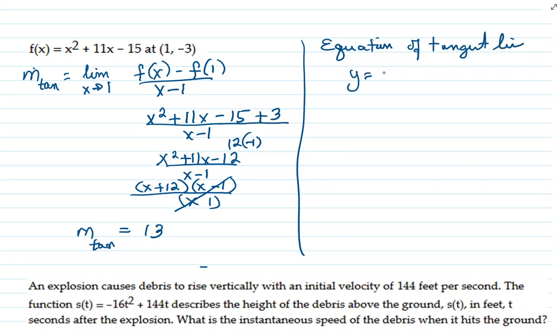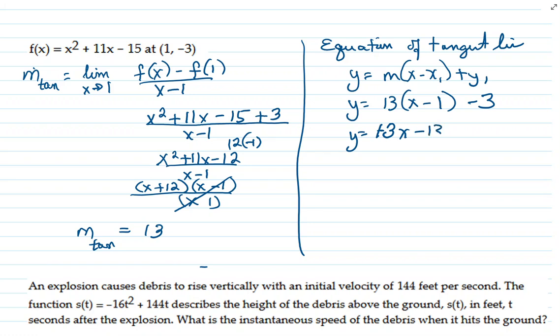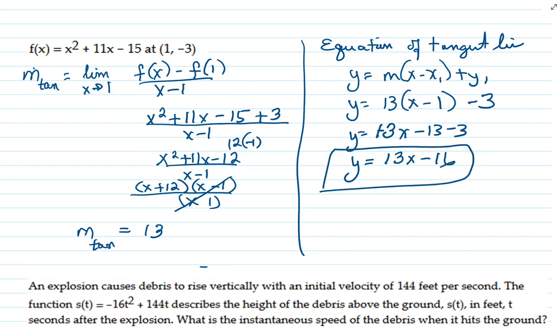I have y equals, in parenthesis, x minus x of 1 plus y of 1. So I'm going to have a 13, x minus a 1 minus a 3, because the value of y is negative. And there you have it, my tangent line with a slope of this at point 1 and negative 3.